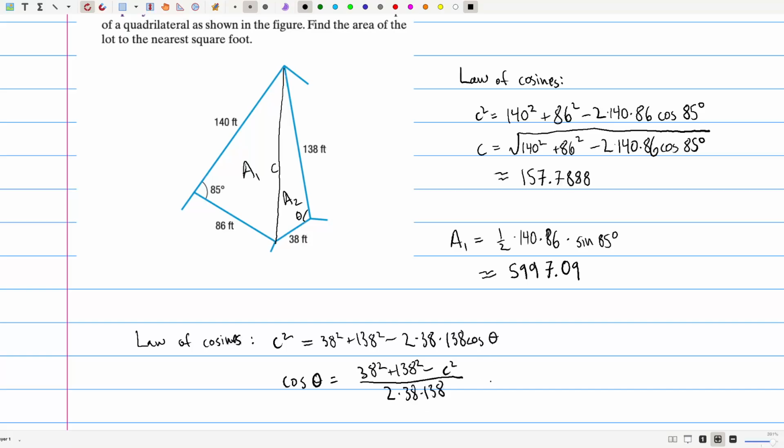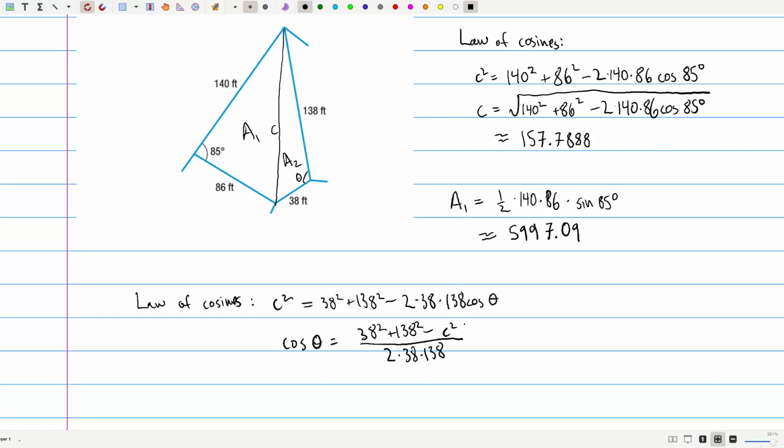Let's approximate that: 38 squared plus 138 squared minus 157.7888 squared, over 2 times 38 times 138.